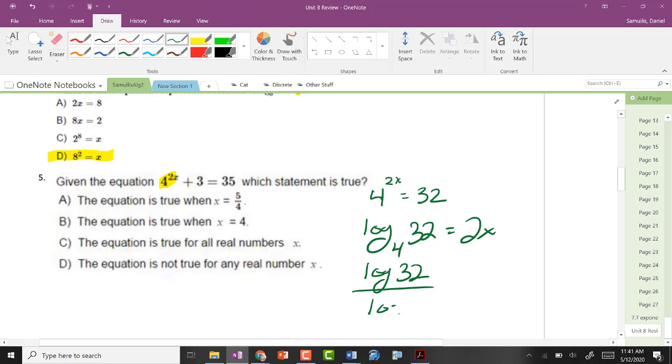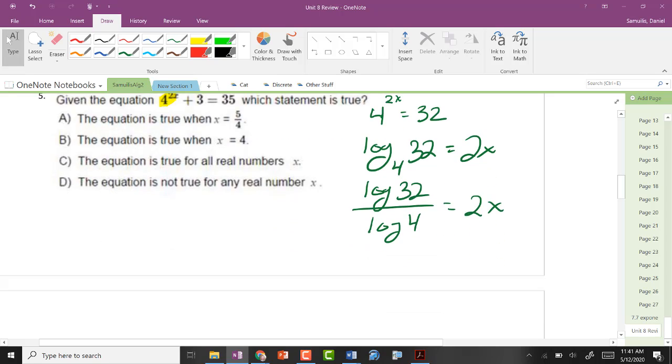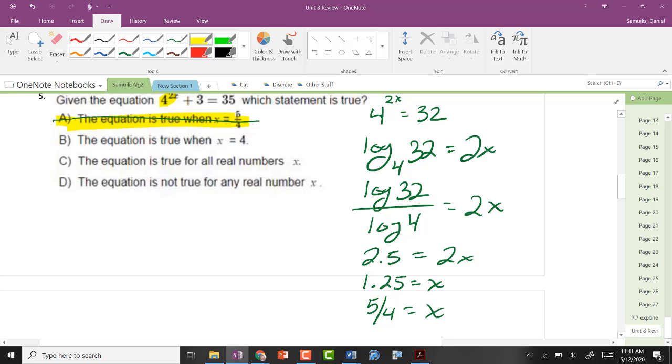Log of 32 divided by the log of 4 equals 2x. Now this does give us 2.5 equals 2x. And then when we divide by 2, I get 1.25. And as a fraction, if you use your calculator, that's 5/4. So the answer is A.